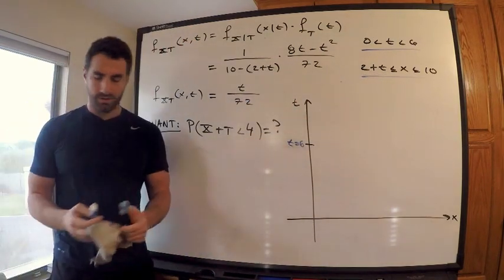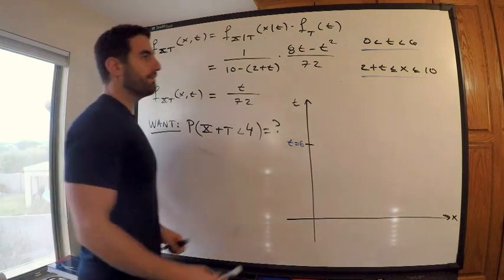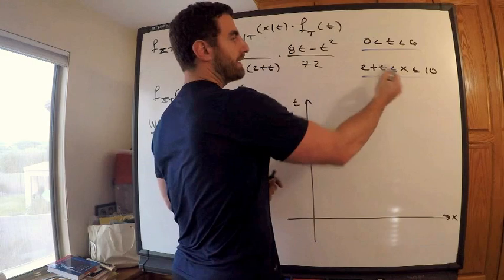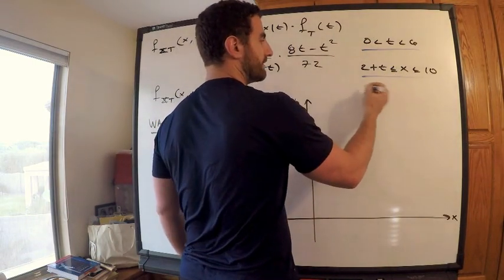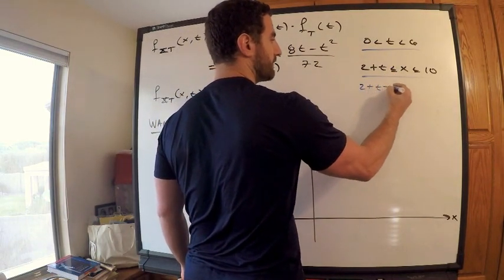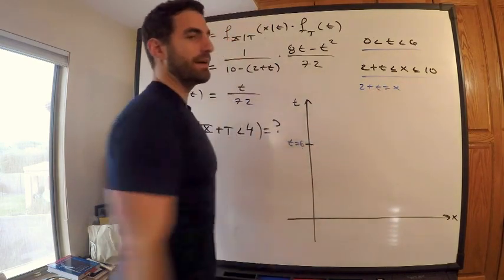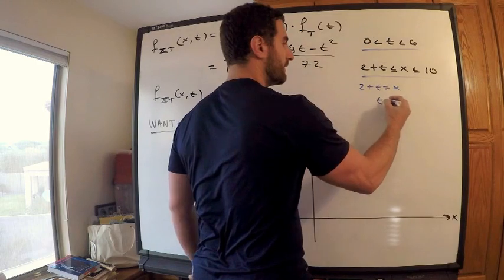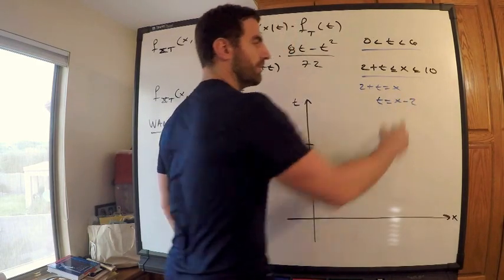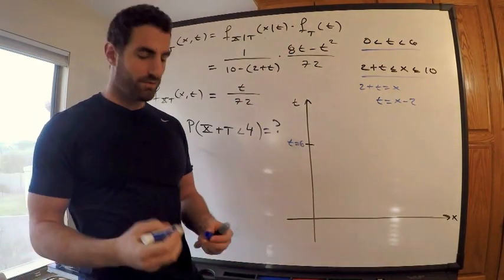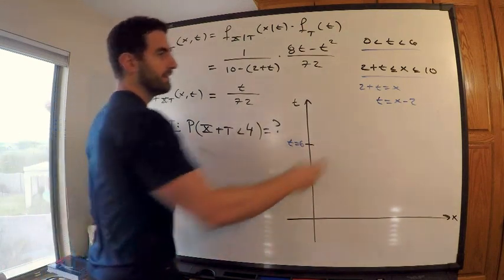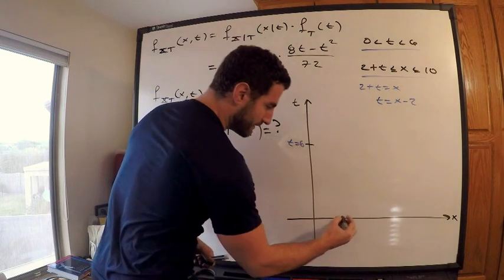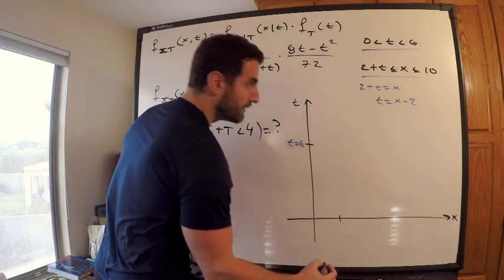This is where things get a little confusing, but just take a step back and be patient with the algebra. What happens when x is equal to 2 plus t? At some point, 2 plus t equals x. I'm thinking of x as my independent variable, so I'm going to get t by itself. It says that t is equal to x minus 2. So linear, slope is 1, y-intercept is negative 2, which means down here, let's say this is x equals 2.